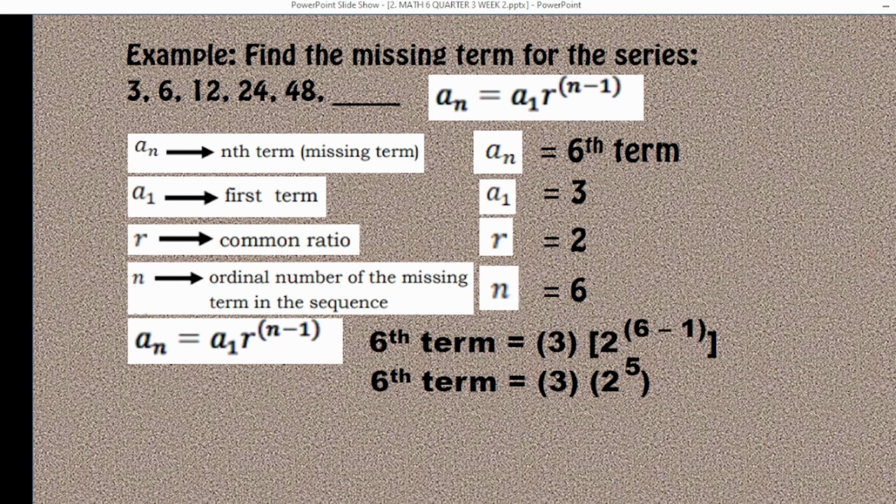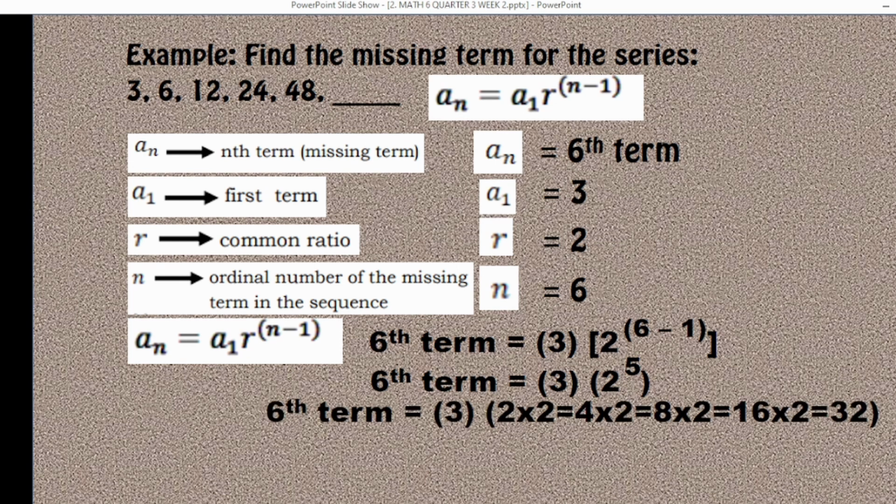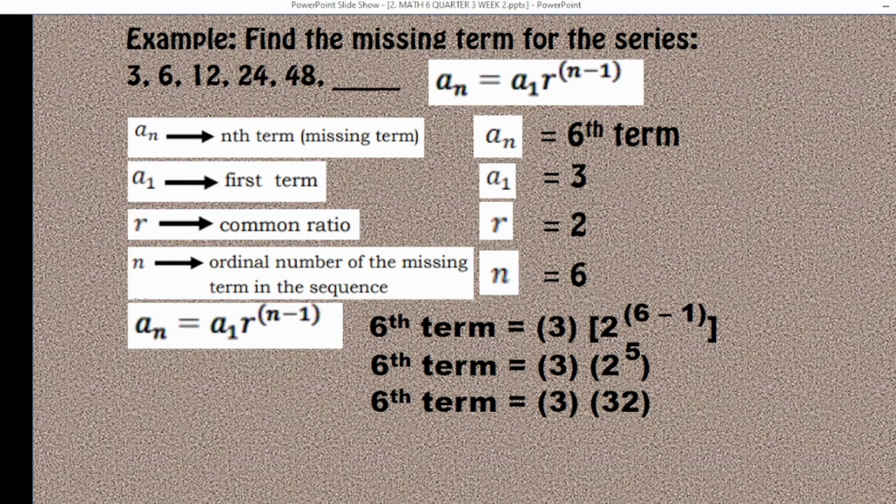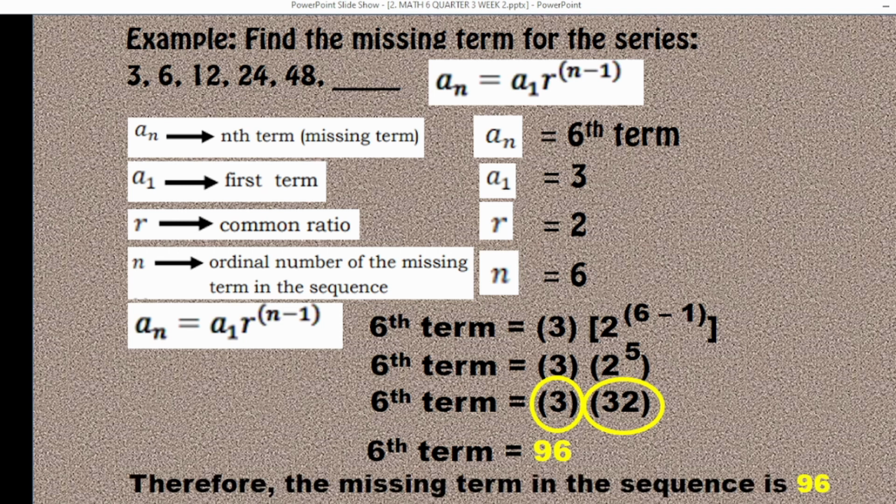So, next natin ay yung 2 to the power of 5. Yung 2 ay i-multiply ng 5 beses sa kanyang sarili at ang sagot dun ay 32. So, 6th term is equal to 3 times 32 and 6th term is equal to 96. Therefore, the missing term in the sequence is 96. So, ang pang-anim na number ay 96.